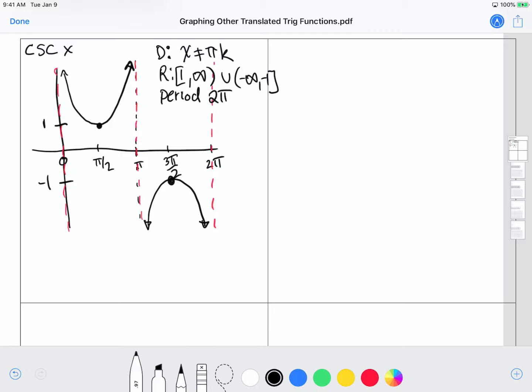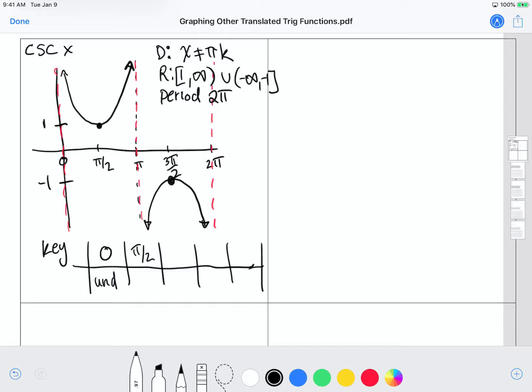Now, when we start graphing our translated functions for cosecant, our key points are going to be: at 0, it's going to be undefined. At pi over 2, it's going to be 1.